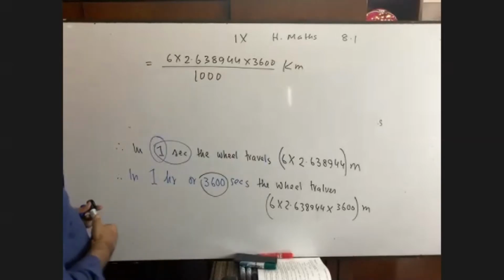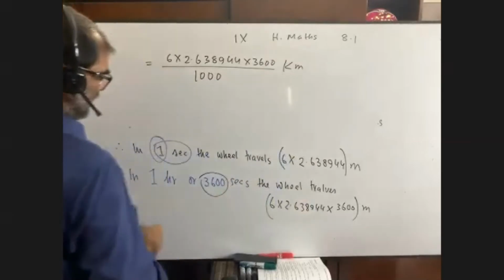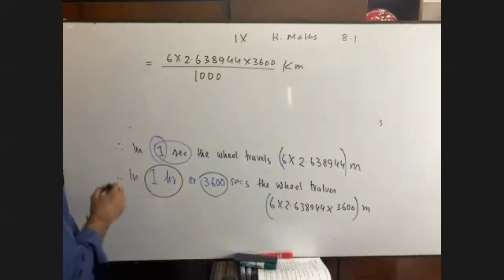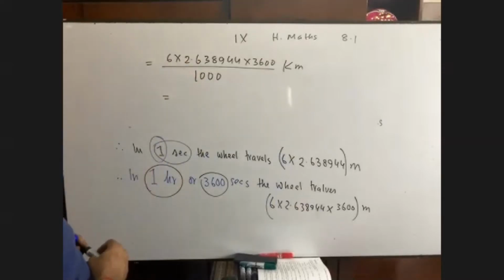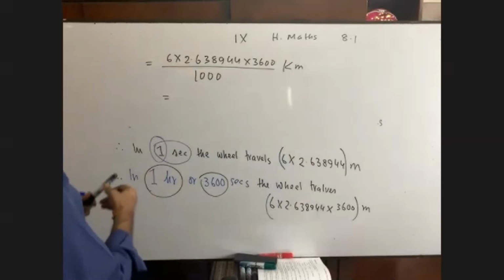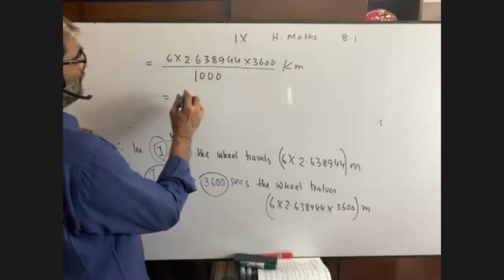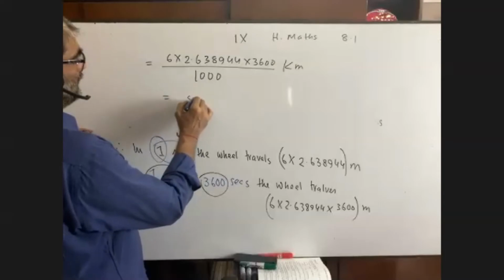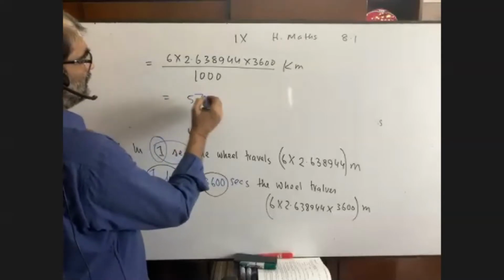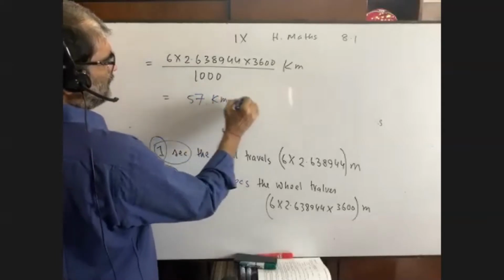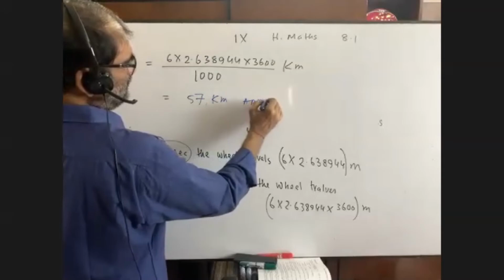So we have expressed it in kilometer, and it is written here hour, 1 hour. So now can you please calculate it? It is 57.00119 approximately, right?